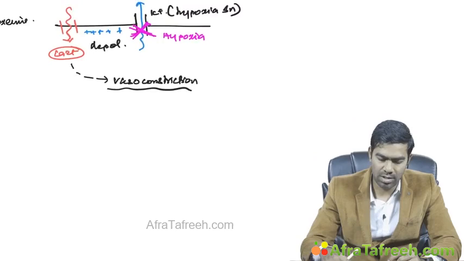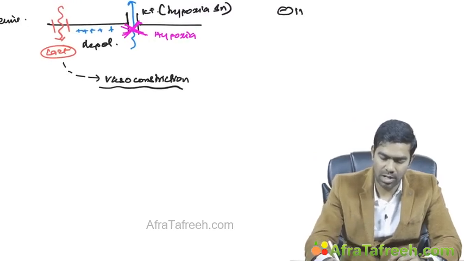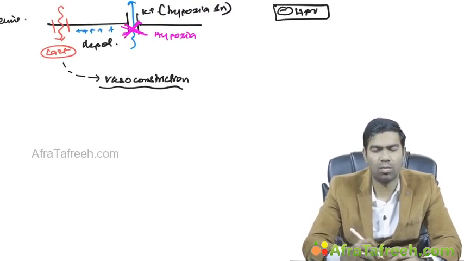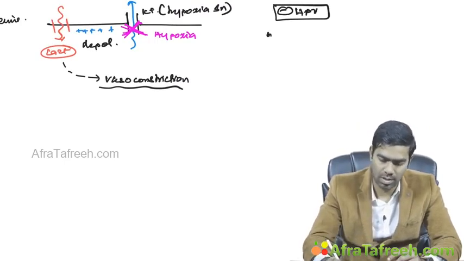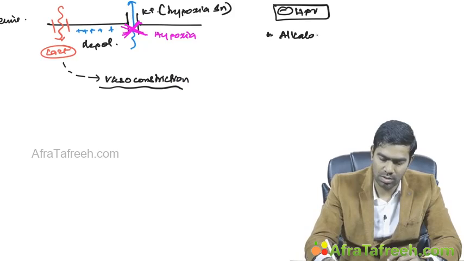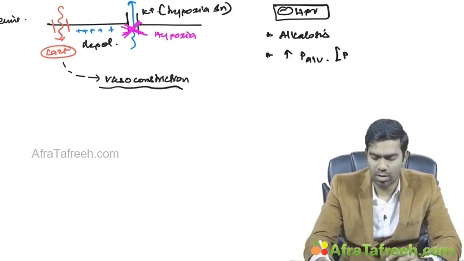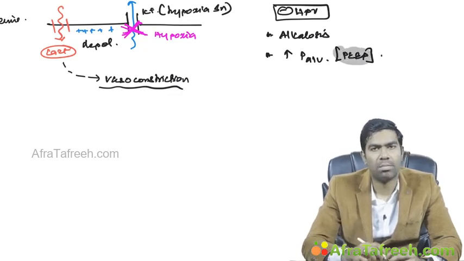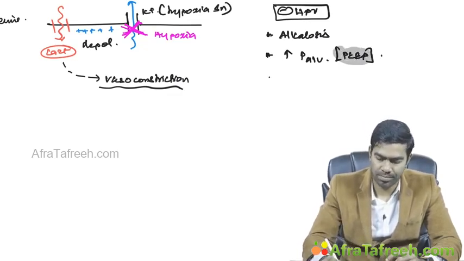And there are a lot of conditions that inhibit the hypoxic pulmonary vasoconstriction. What are they? Very important to understand. First one is alkalosis, and second one is elevated alveolar pressure. Typically you can call it PEEP in mechanical ventilation, positive end expiratory pressure.